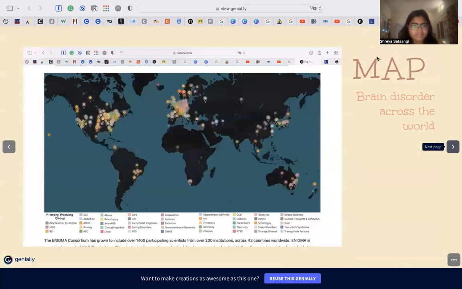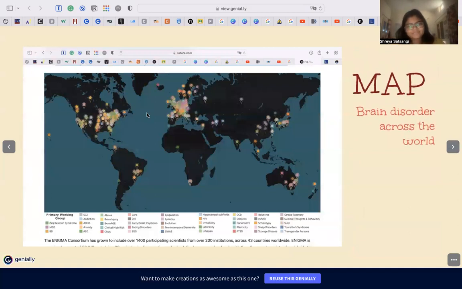Now, this is a map where I have shown what kind of brain diseases we have in different regions of the world. I should rather say that we are able to see more brain diseases in developed countries than in developing countries. But maybe it's because we have not diagnosed them, not because they don't exist, but because we haven't figured it out.